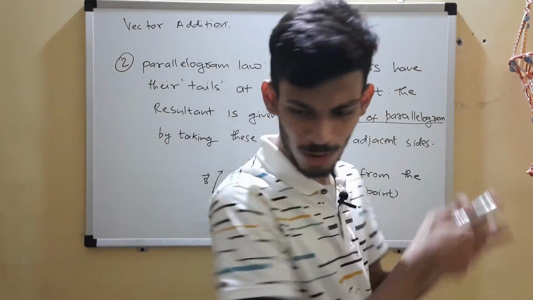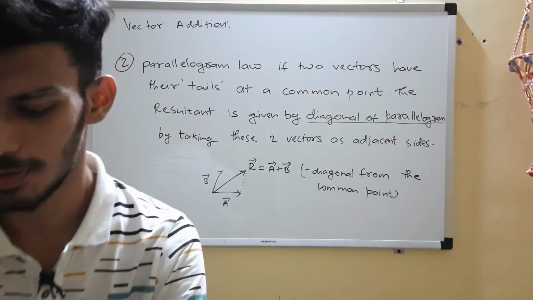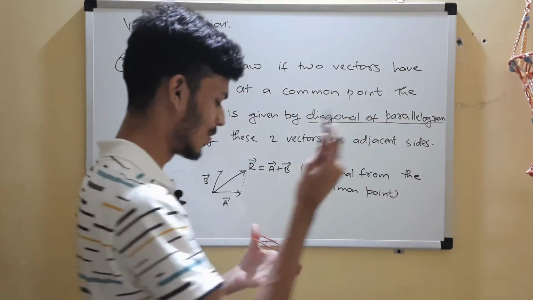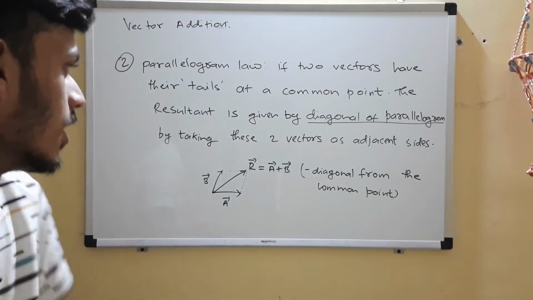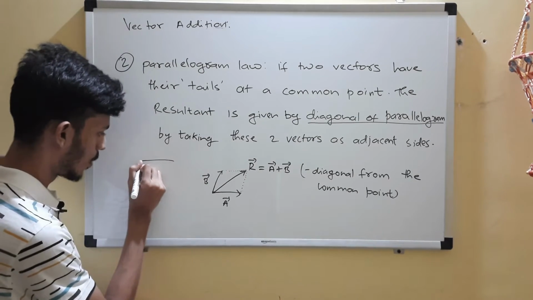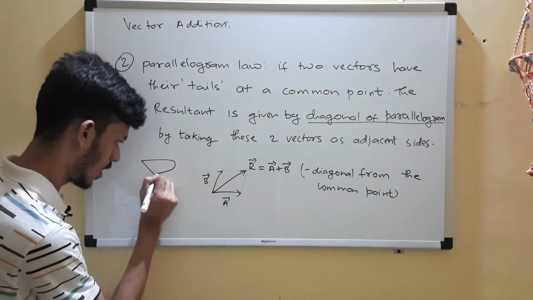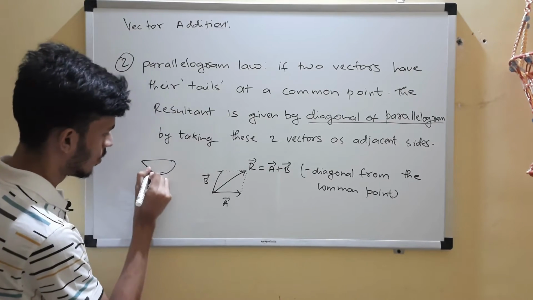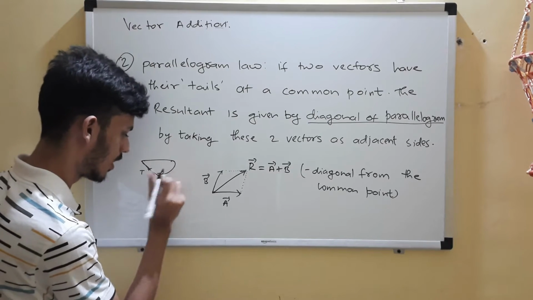Now if you want to visualize this, I'll give you the theory behind this. I am going to use a rubber band. I'm going to stretch it this way, and there will be a force, a tension.